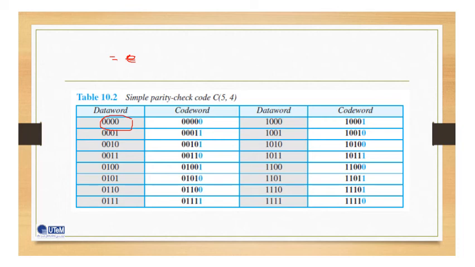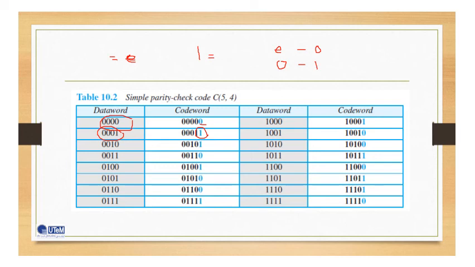So add 0. In the second example, when you add 0 plus 0 plus 0 plus 1, the answer is 1. 1 is odd, so you need to add bit 1. So easy. If the total is even, you add bit 0. If the total is odd, then you add bit 1. That's it.